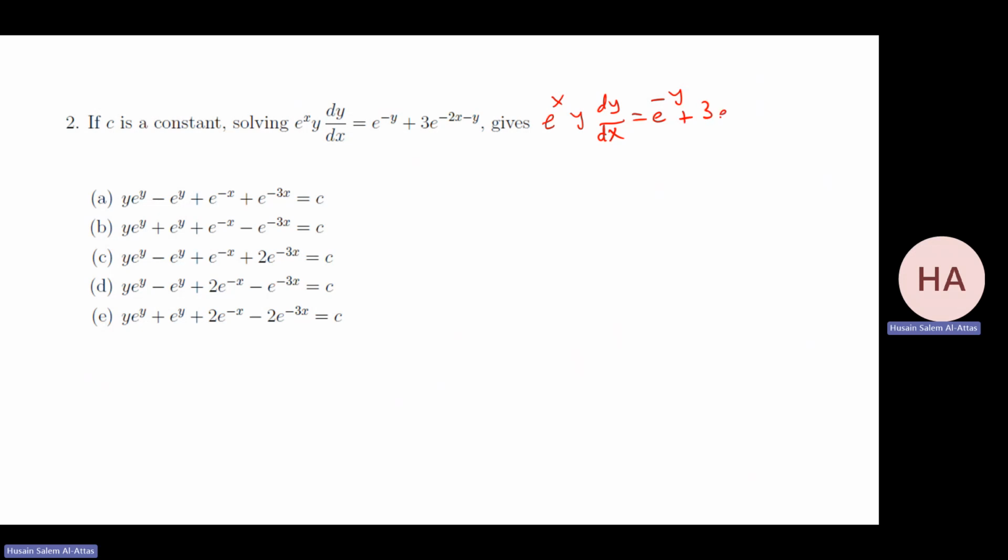This is 3 e to the minus 2x, minus y. Very clear that I can separate them because I can take e to the minus y as a common factor. I have 1 plus 3 e to the minus 2x. And here I have e to the power x, y dy over dx.